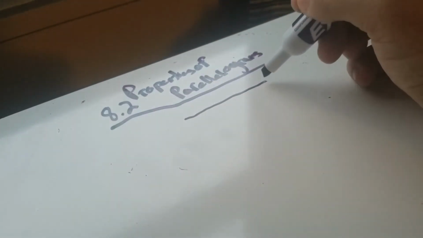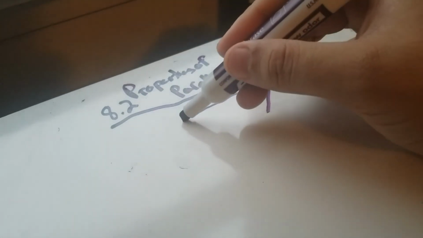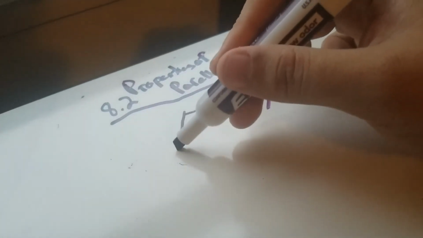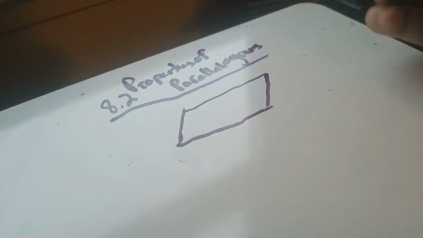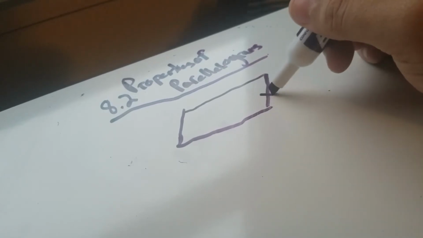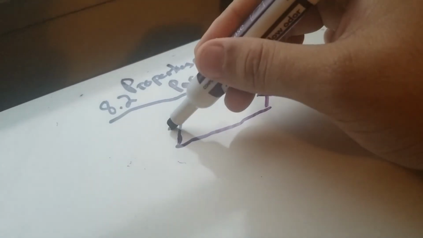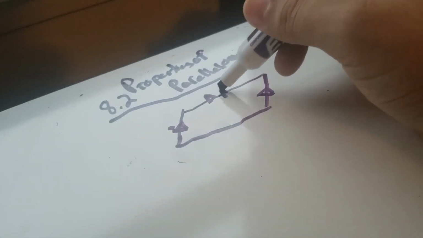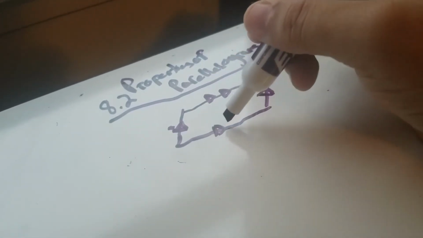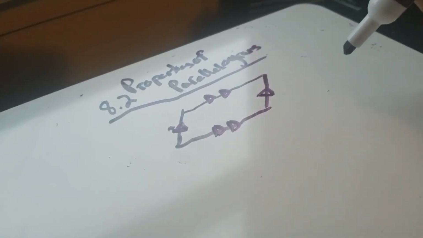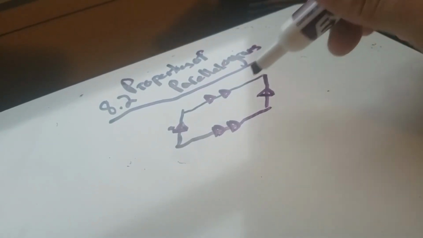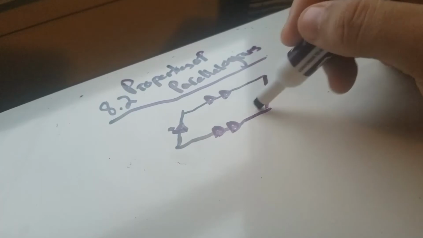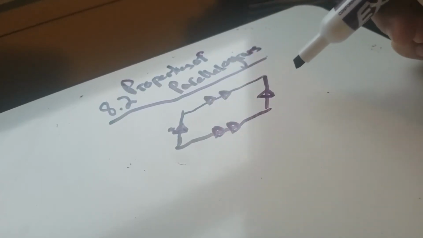So a parallelogram has to be a 4-sided shape, what we call a quadrilateral, in which each opposite side is parallel. So this side and this side are parallel, and this side is parallel to this side. So a parallelogram is just a 4-sided shape with opposite sides being parallel.